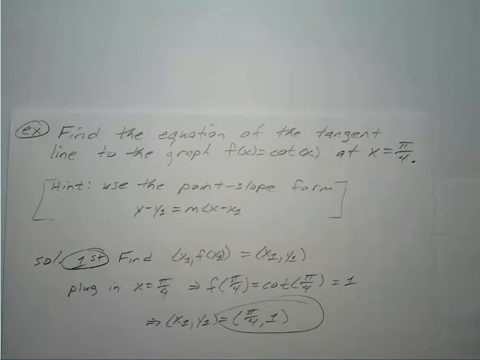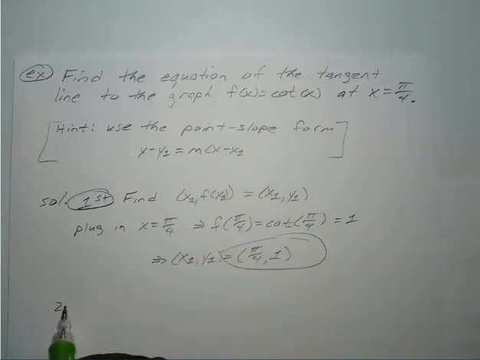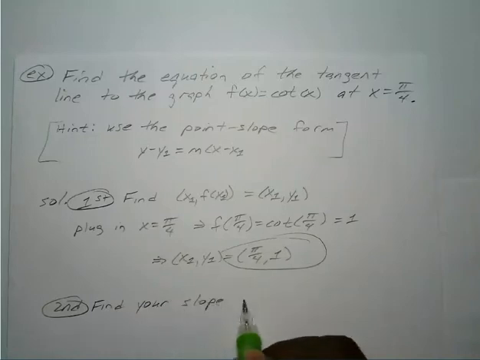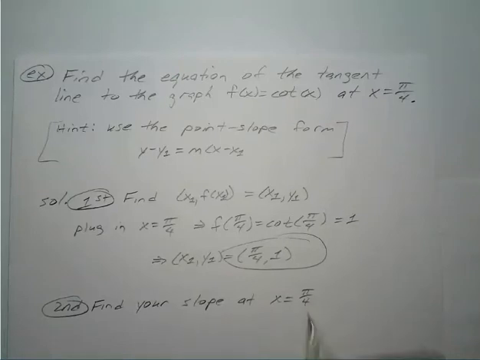Okay, next, you find your slope at x equals pi over 4. To find your slope, that just really means to find your first derivative.